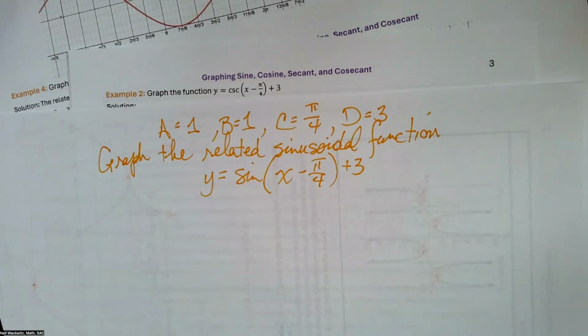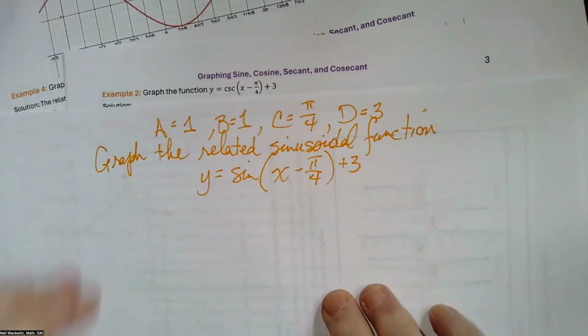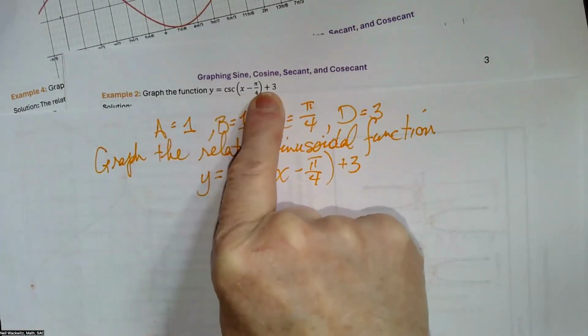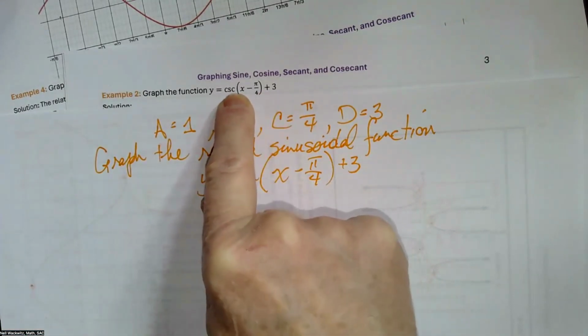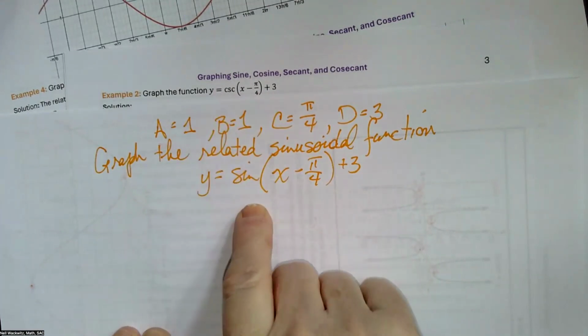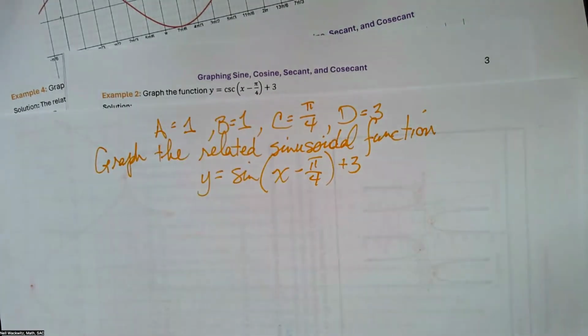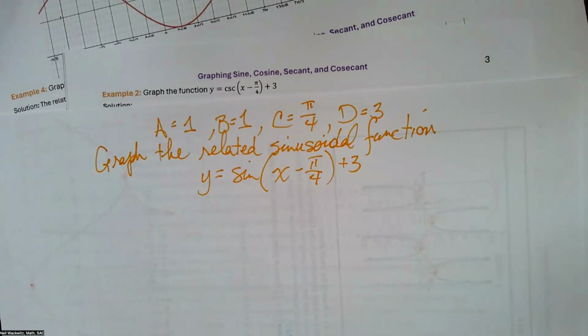Make it easier for yourself to find the points, I'm guessing. Yes, and the graph of cosecant overlays the graph of sine. So in order to graph cosecant, you have to graph sine.